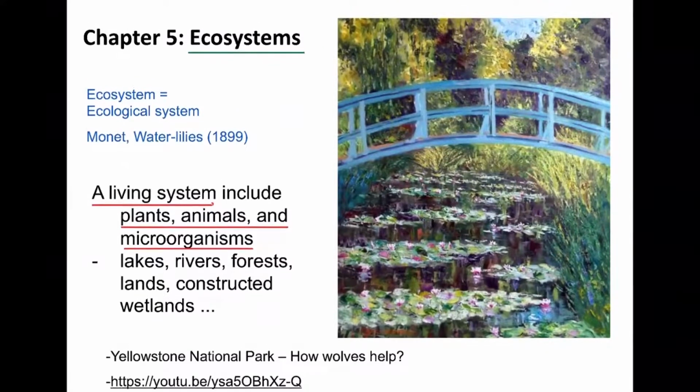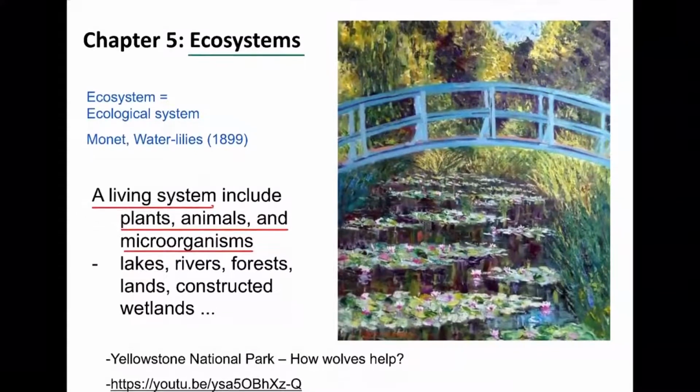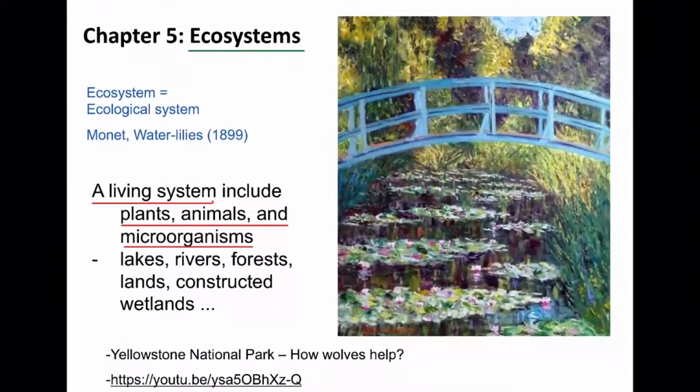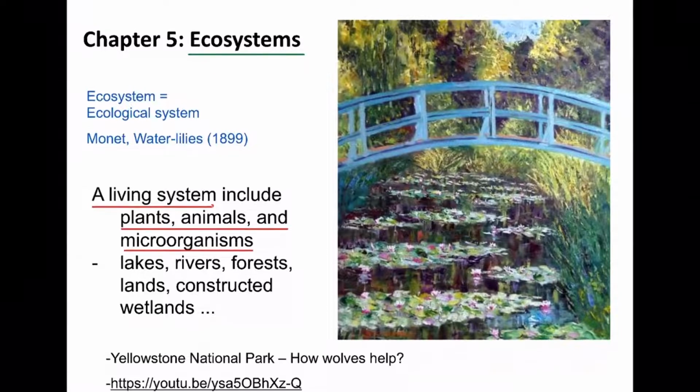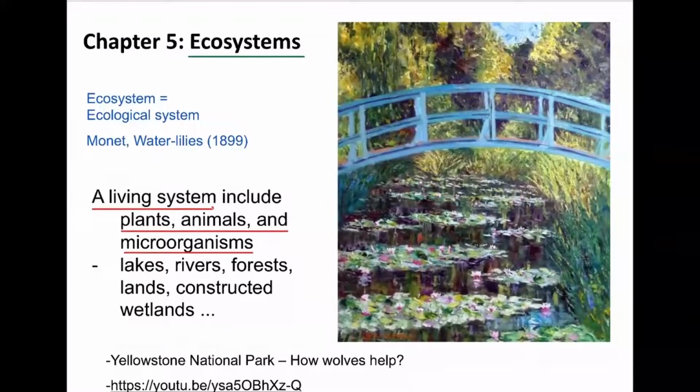And I'm sure that if you are a little bit familiar with painting, you know that this painting is called the Water Lilies. It's by Monet. This guy painted thousands of water lilies, and there are actually quite a few in the St. Louis Art Museum. So these are basically one type of painting style. I think this painting gives a quite good description of an ecosystem.